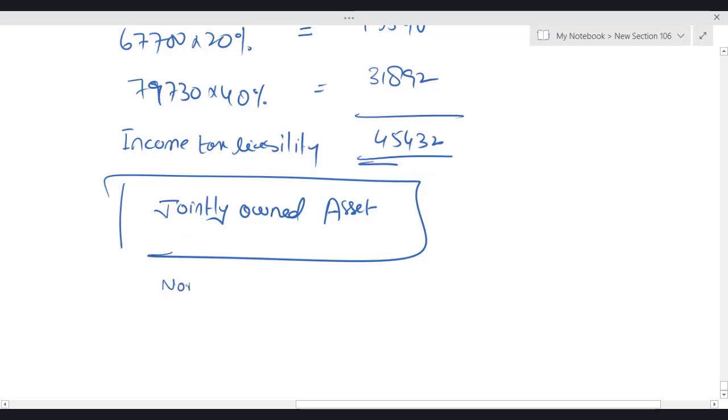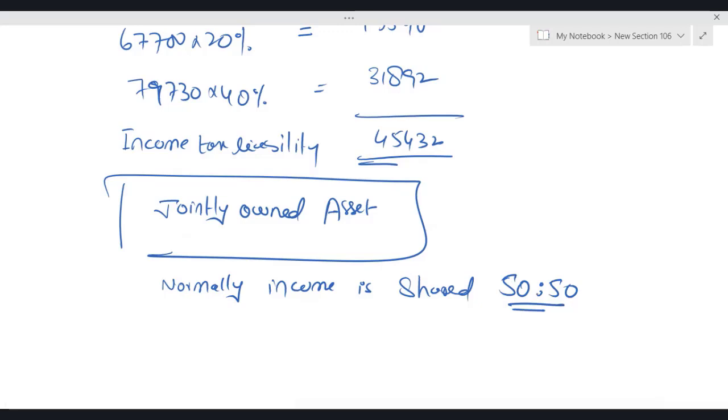So normally income is shared 50-50, irrespective of actual ownership. Remember that.